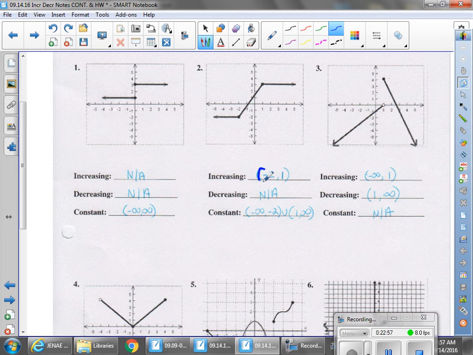I think that's her way of saying that that is a bracket. Are we ready for 4, 5, and 6?